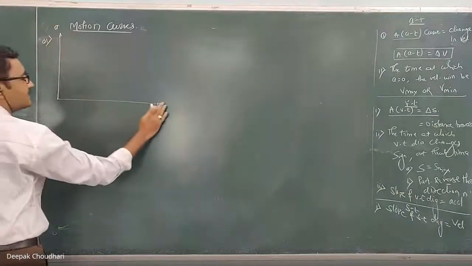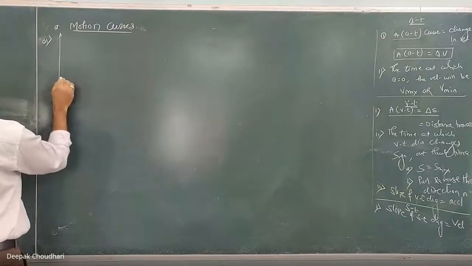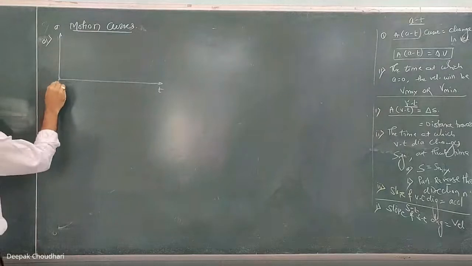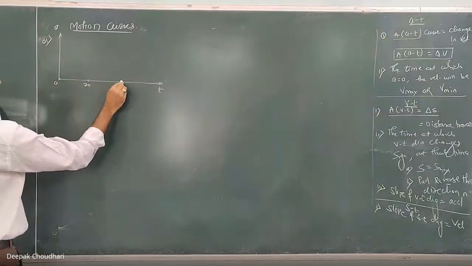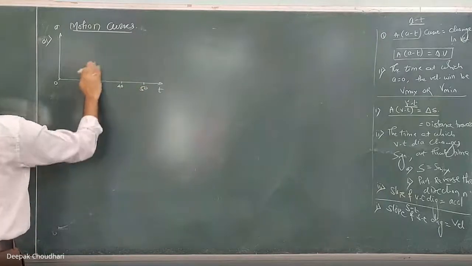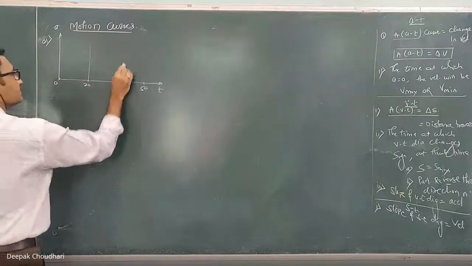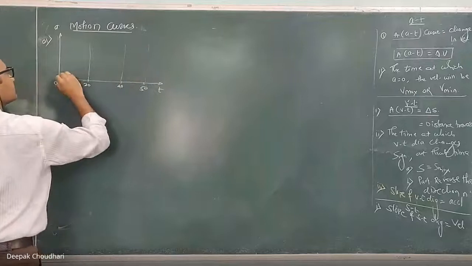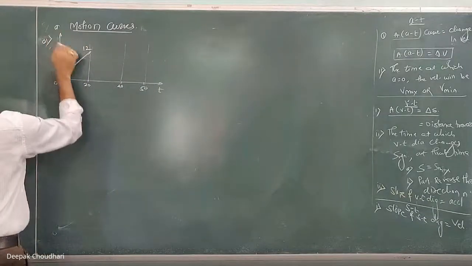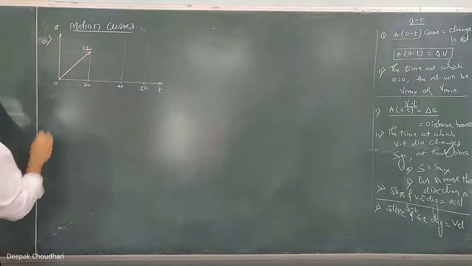This AT diagram is given. It is from 0 to 20 seconds, 20 to 40, and 40 to 50. This is 12, sorry, this is 12 meter per second square.